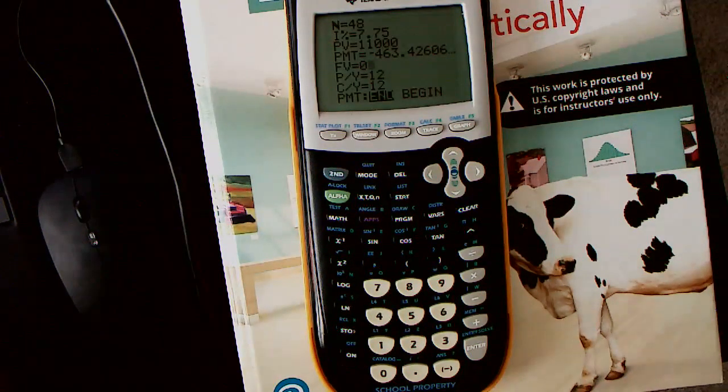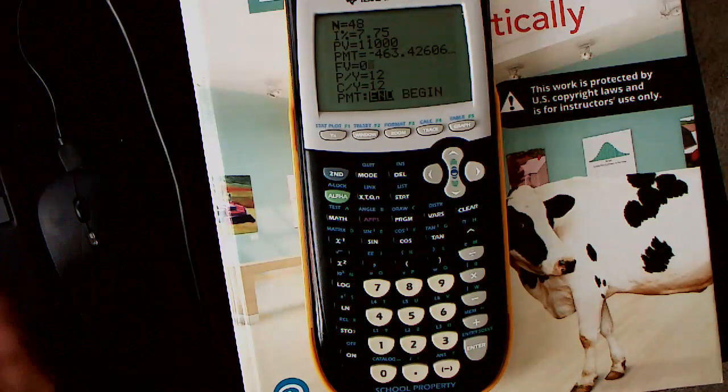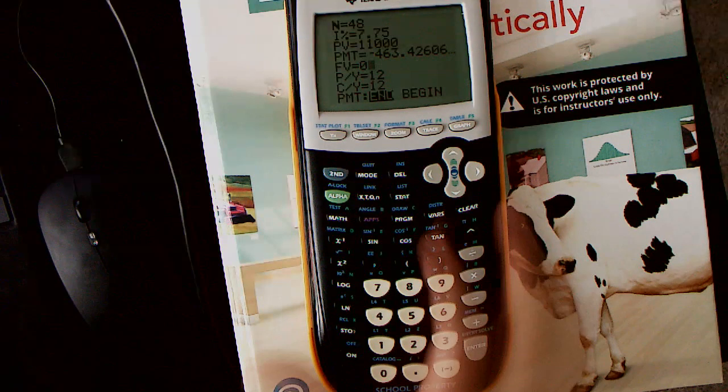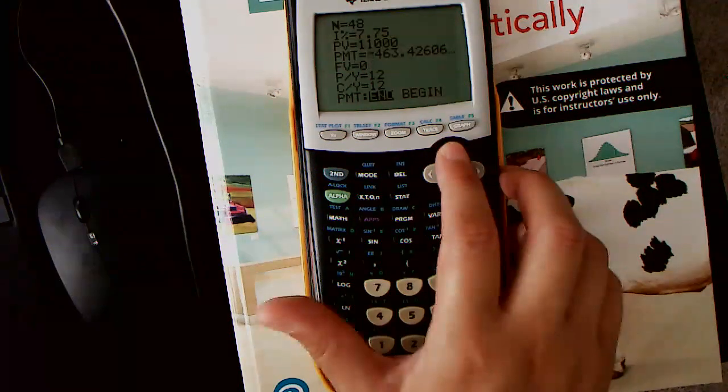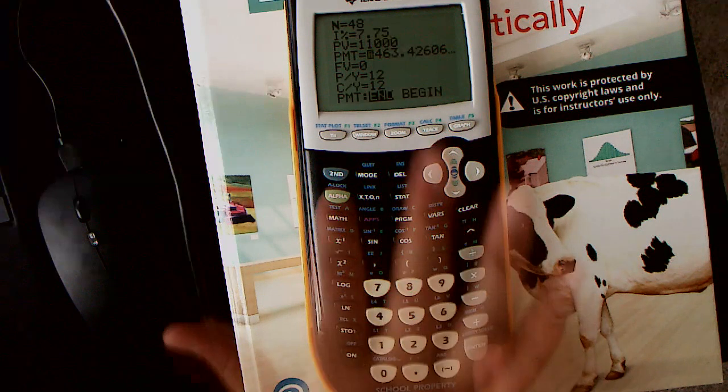Once again, for an installment loan, present value is always the loan amount, future value is 0, and we are looking for the monthly payment. P per Y and C per Y are both 12 because you pay by month, right? Okay, now let's go back to payment, PMT, and then alpha, enter, solve for the payment.